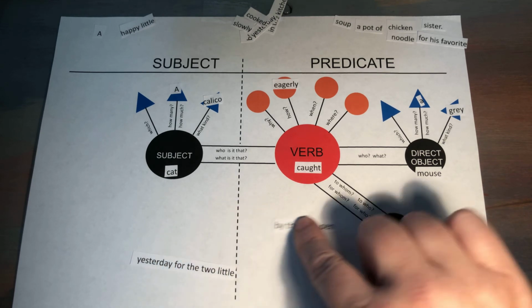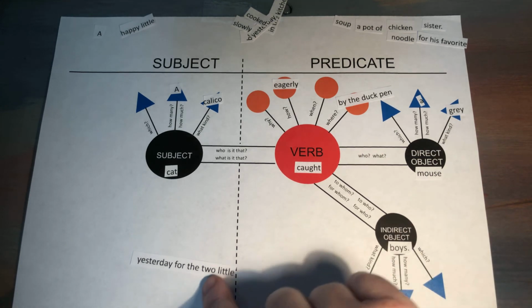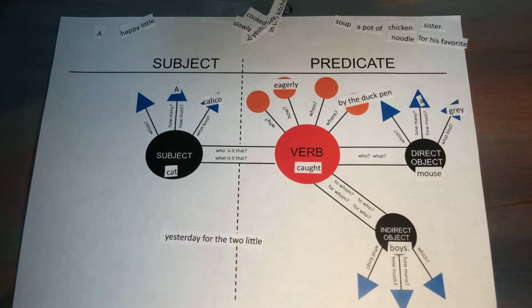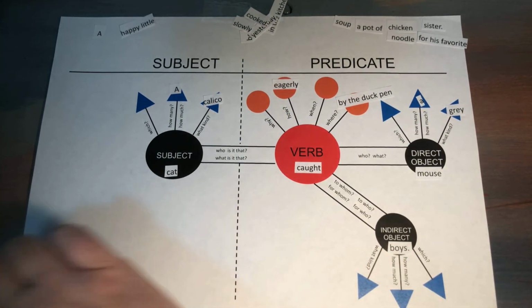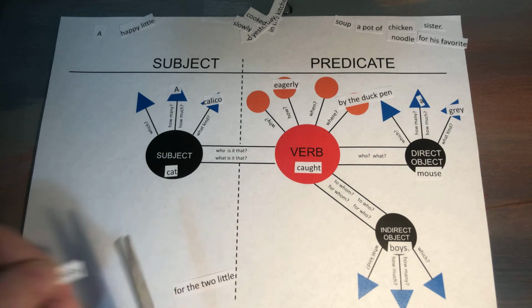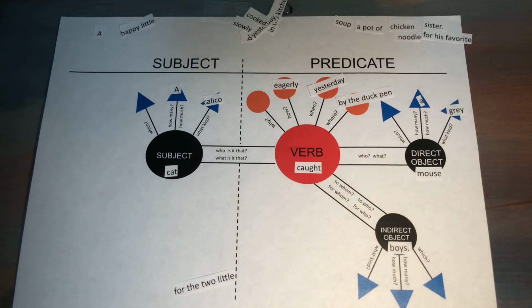By the duck pen. We have the word yesterday. Yesterday tells us when. When goes with the verb, because it tells us that the cat caught the mouse yesterday.